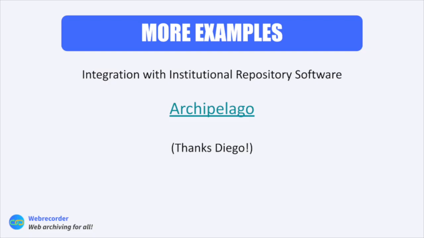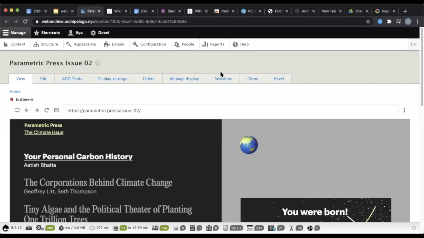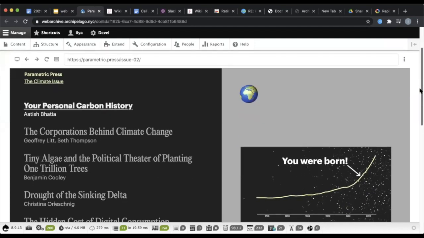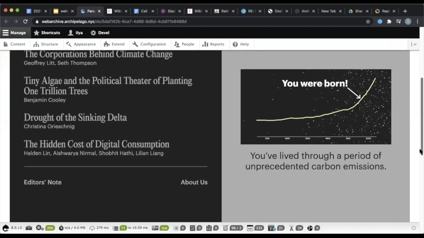And finally, I want to show an integration that I'm also really excited about with Archipelago, which is a new digital repository system being developed by the Metropolitan Library Council in New York. This is a fully fledged repository system.